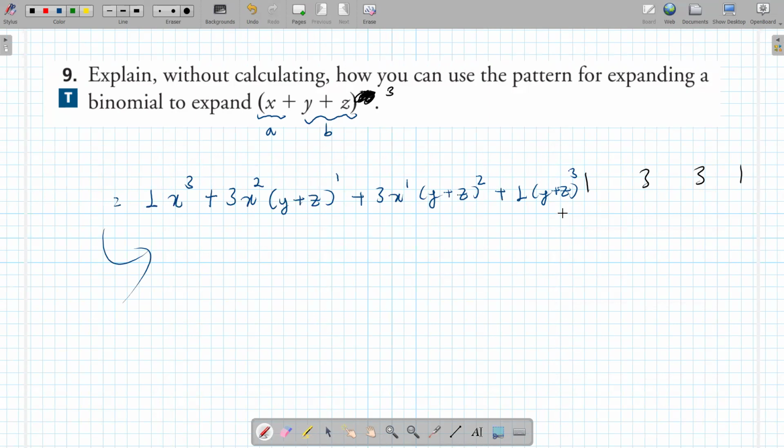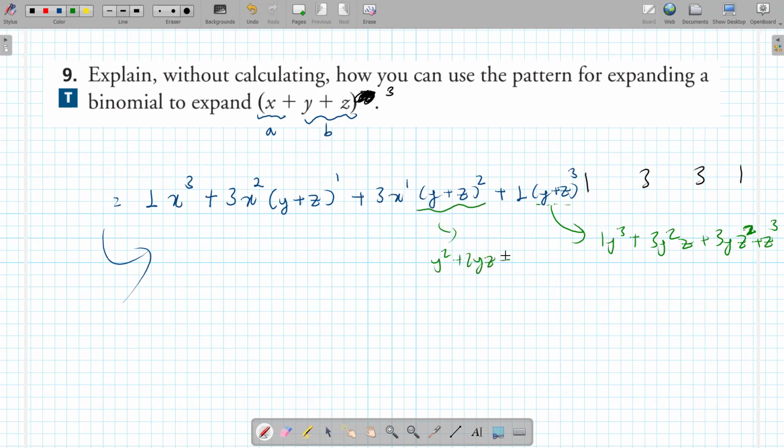So that by itself is 1y cubed plus 3y squared z plus 3yz squared plus z cubed. That's squared there. This by itself is y squared plus 2yz plus z squared.